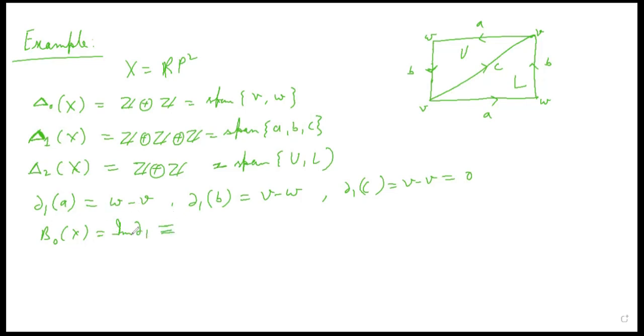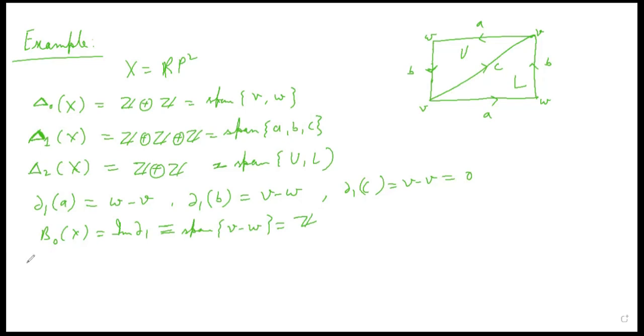So image of this boundary map is generated by V minus W. You see, A goes to this, B goes to C. This is nothing but minus of this, and this goes to C. So span of V minus W equal to Z. Okay.